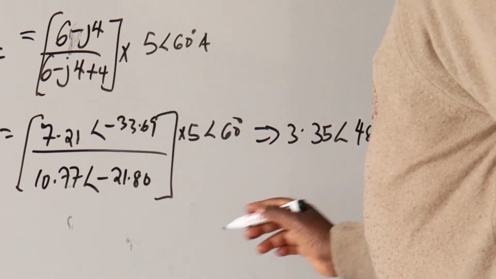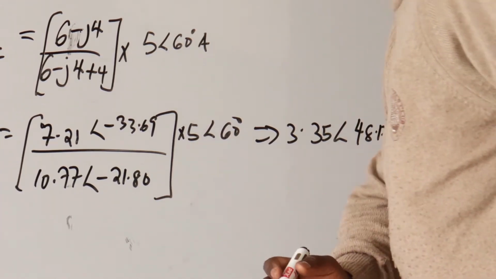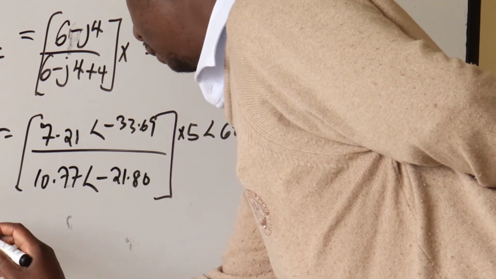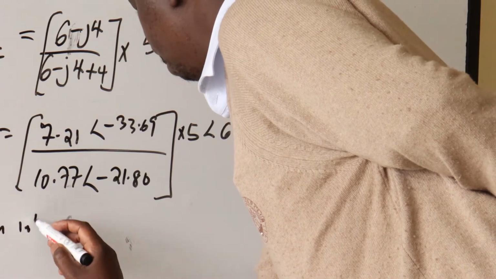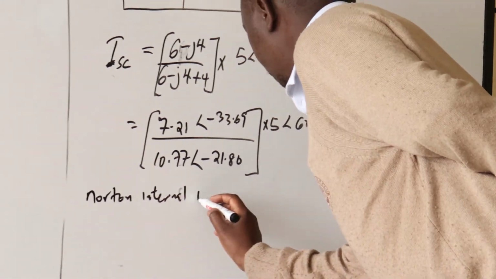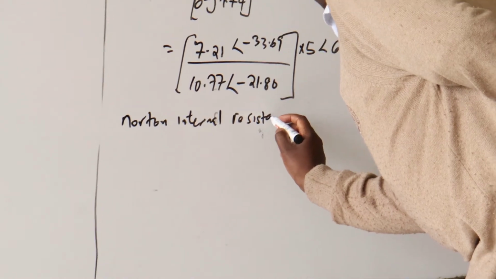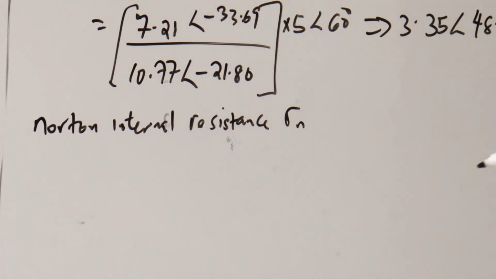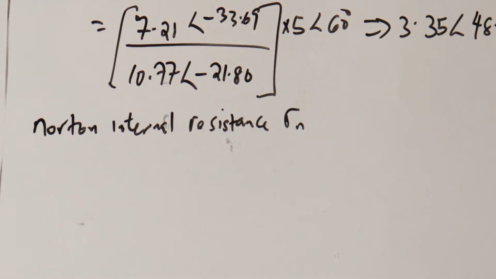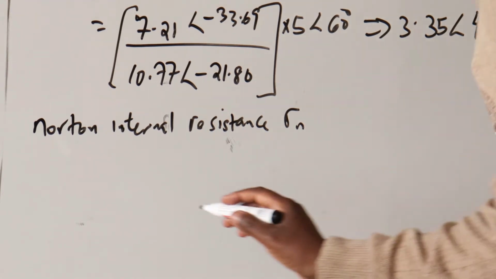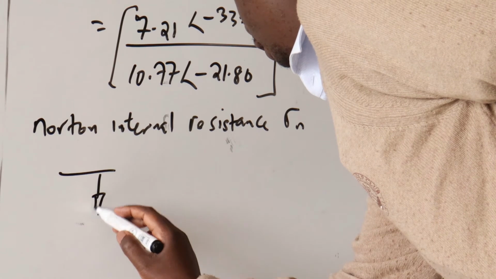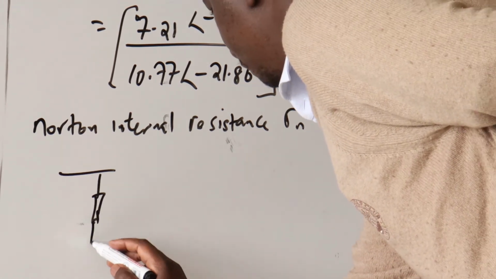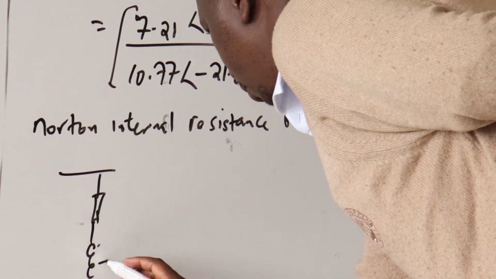Then we have Norton's internal resistance, Rn. In this case, we have been given a current source, and we are going to replace that with an open circuit. So we are going to have our diagram appearing this way, minus j4.